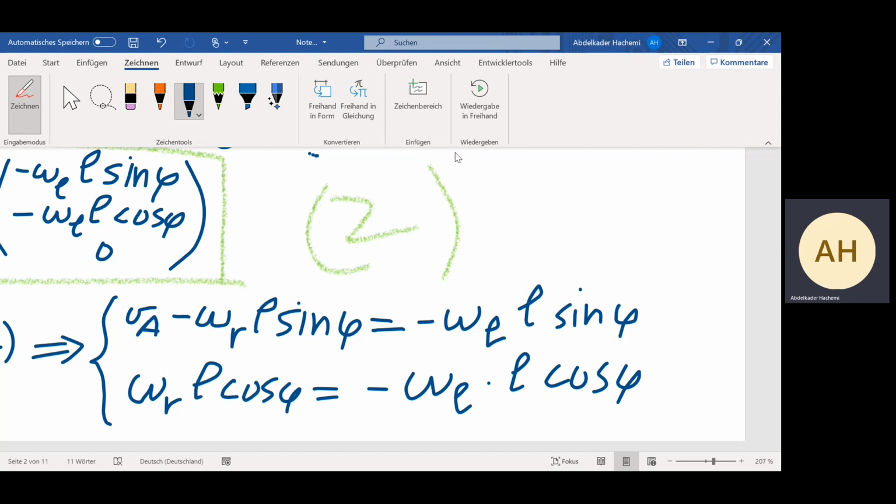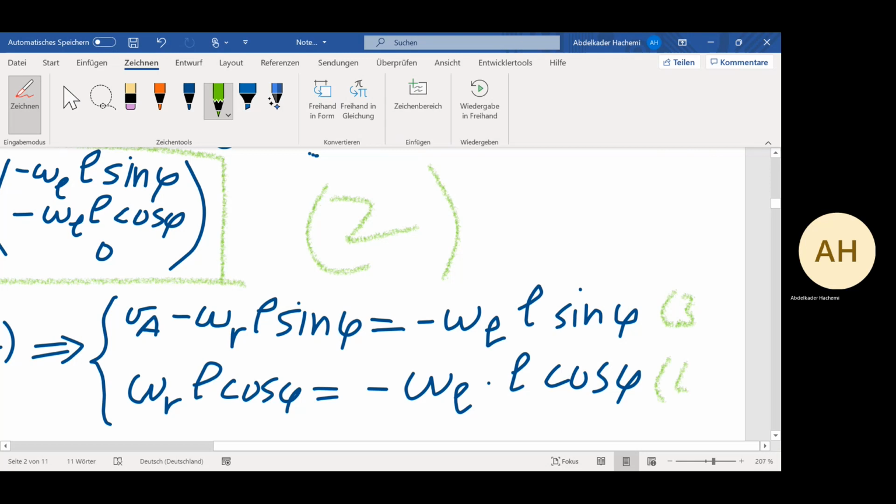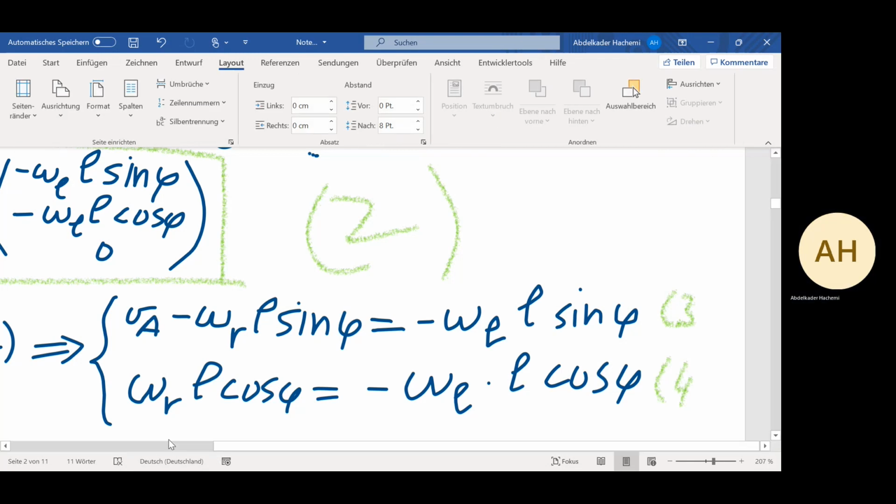Then we have the third equation and the fourth one.